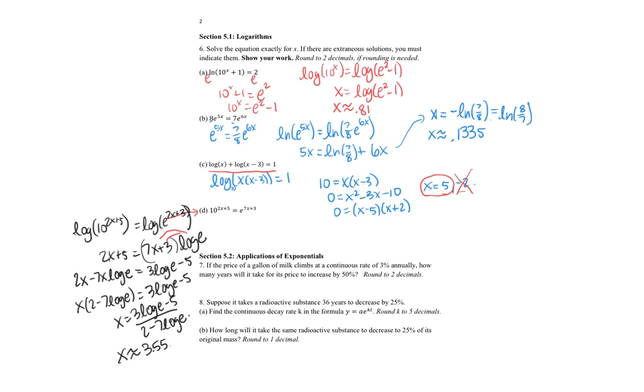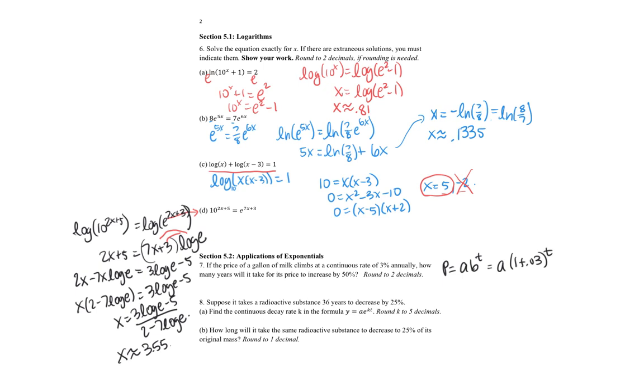Next. If the price of a gallon of milk climbs at a continuous rate of 3% annually, how many years will it take for the price to increase by 50%? So our model is P equals A B to the T, so that's A times 1 plus 0.03 to the T. And the question is, how many years will it take for this price to increase by 50%?